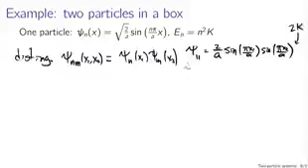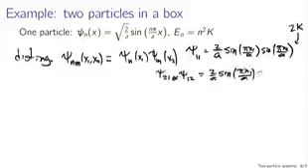The first excited state, and there are two ways I can do this. I could write psi 2,1 or psi 1,2, depending on which particle I bump up from the ground state, is going to be very similar. It's going to be 2 over a sine pi x1 over a sine 2 pi x2 over a, if, for instance, I use this combination.